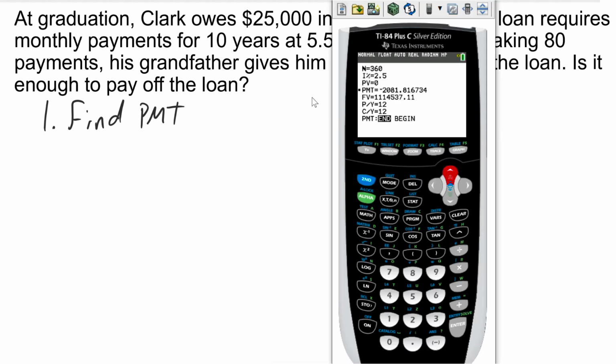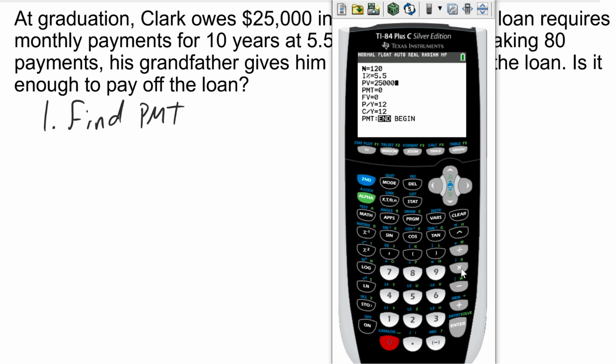So this is going to be very similar to other loan questions we've done. We'll zero out the first 5 fields on our TVM Solver. He's making monthly payments for 10 years. So that's monthly, 12 times 10 years, so that's 120 payments. Interest rate was 5.5%. The present value, that's the amount of money he owes, $25,000.